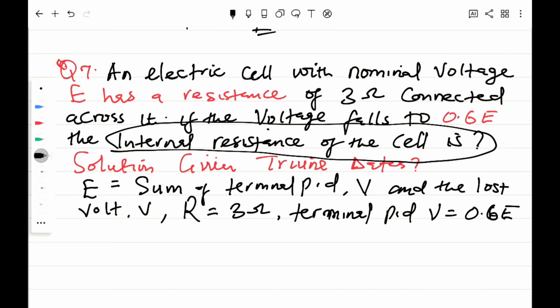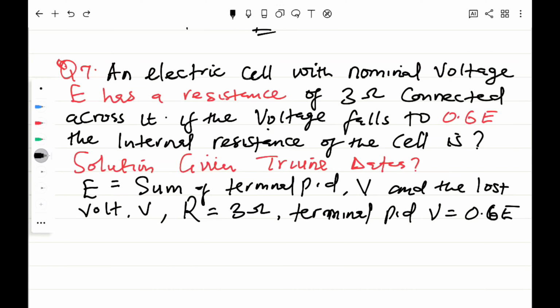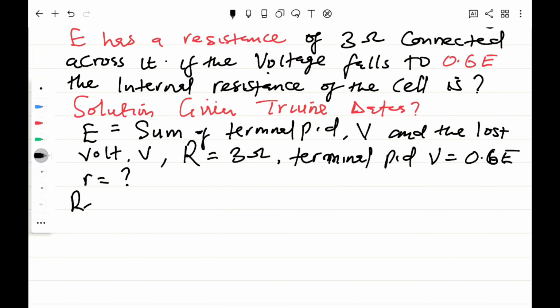Then the internal resistance of the cell is what we are looking for, so small r is unknown. Anytime you hear internal resistance, that is small r in ohms. So recall that E is equal to V plus v. The V here is uppercase and the v here is lowercase.